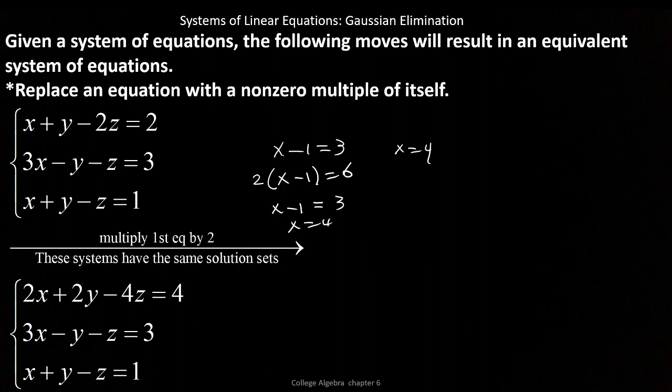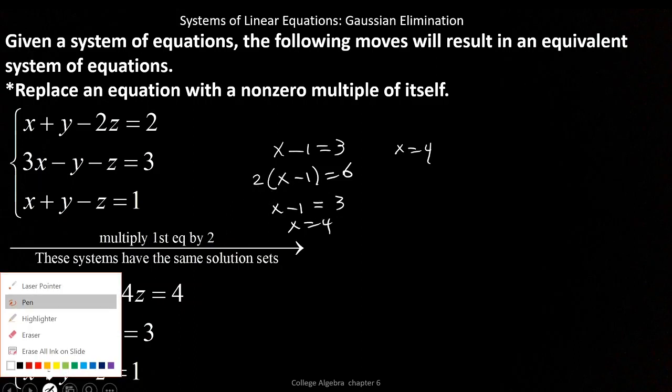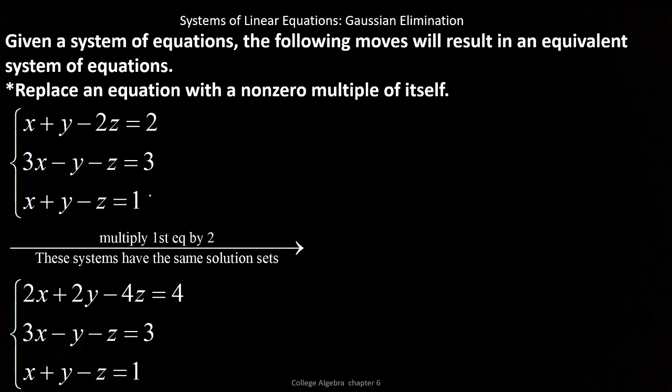So x equals 4. You get the same solution. So multiplying both sides of an equation by a number doesn't change the solution of it. And if it's in a system, it doesn't change the solution of the system. So we can exchange two equations, or we can multiply one of them by a number.